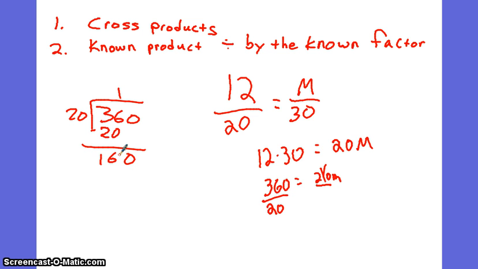That means 20 goes into 360 18 times. So M equals 18. So she can read 18 pages in 30 minutes, and that's how we figure that out, by doing the cross products divided by the known factor.